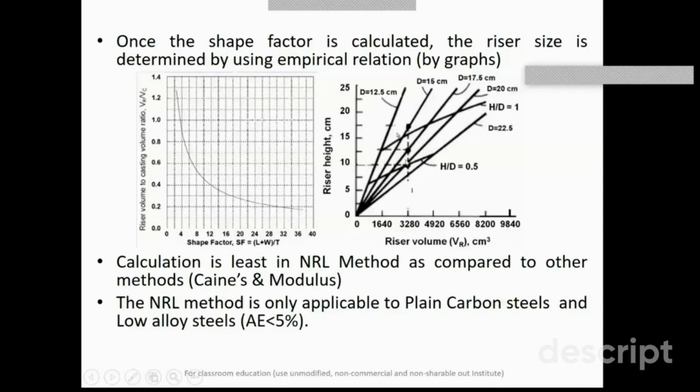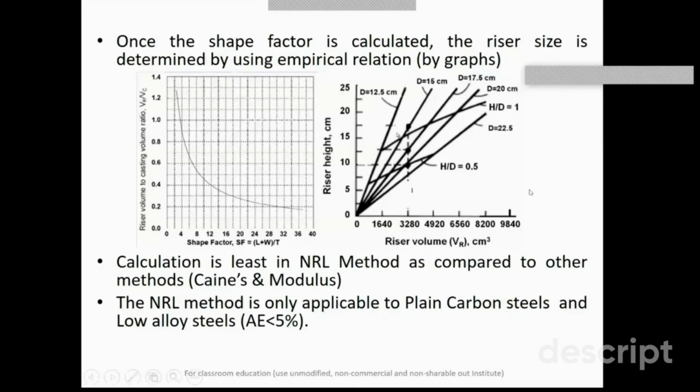Suppose it cuts here; currently, you can observe that you have 3 points. You will neglect this point because it is above the optimal size curve. You will consider these 2 points, like this one is 10 centimeter in height, and here I think it is somewhat 12.5 or 13 centimeter. So you can consider these two dimensions as per your requirement, as per the size of your molding box.